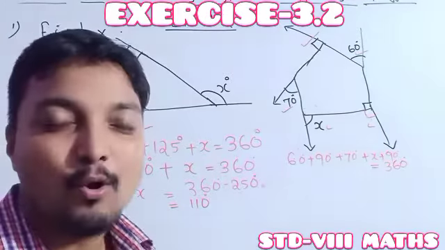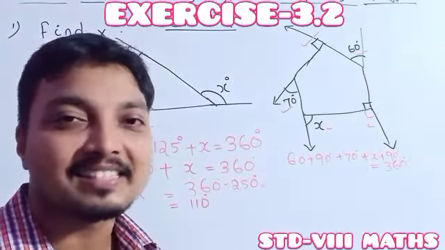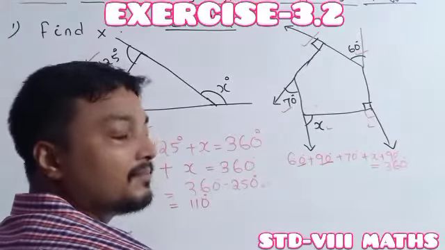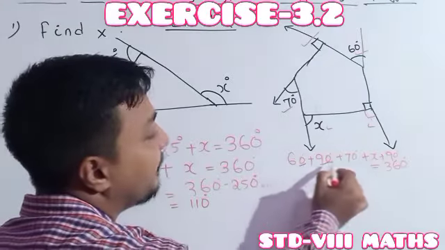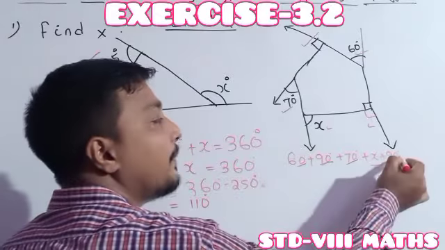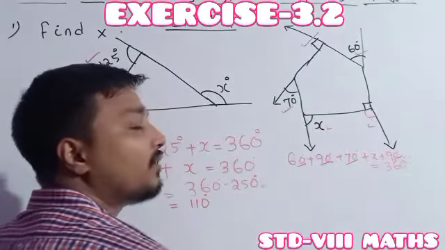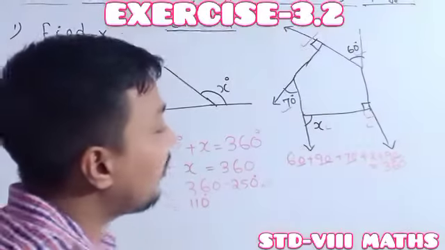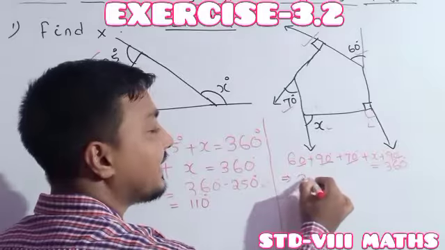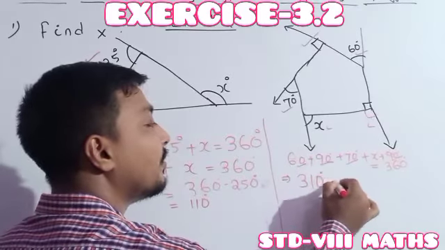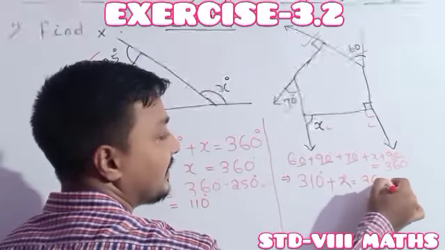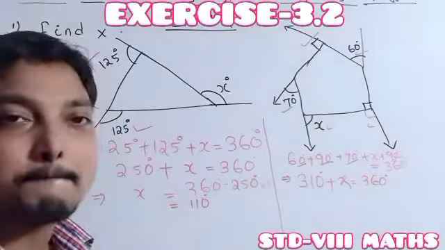Very easy concept: the exterior angles sum to 360 degrees. 90 plus 60 is 150, 150 plus 70 is 220, 220 plus 90 is 310. So 310 degrees plus x is 360 degrees.